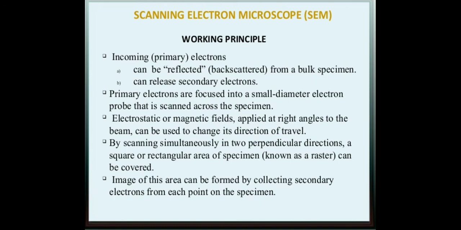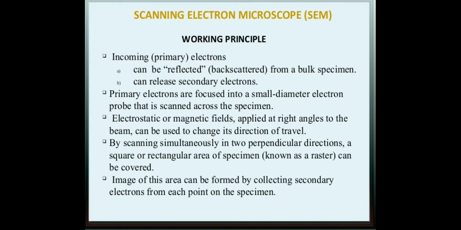In this microscopy, incoming, that is primary electrons, can be reflected from the bulk specimen and can release secondary electrons. Primary electrons are focused into a small-dimension electron probe that is scanned across the specimen.